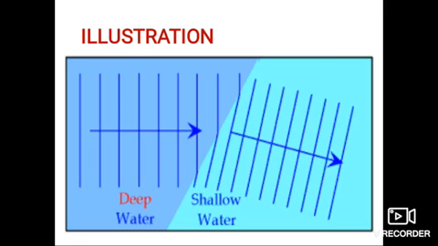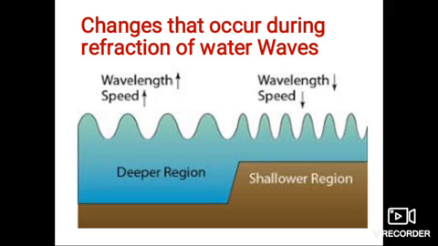Okay? Let us look at the changes that occur when water waves move from deep water to shallow water. I have drawn a diagram here. This represents deeper water, and this one is shallower water. When we generate water ripples in deep water to travel to shallow water, something will happen.